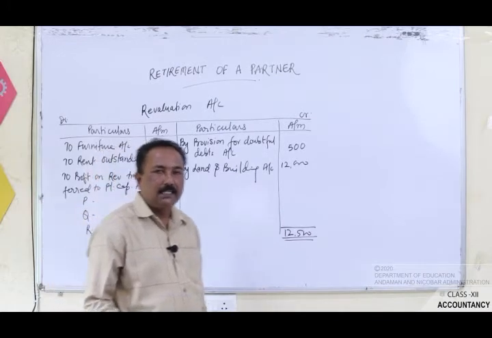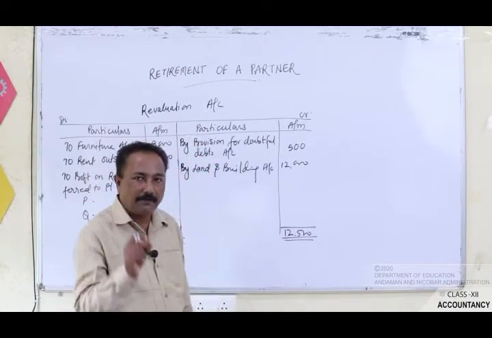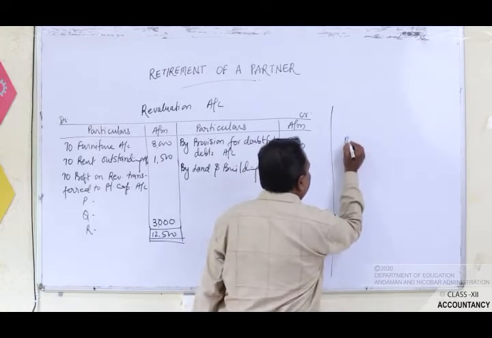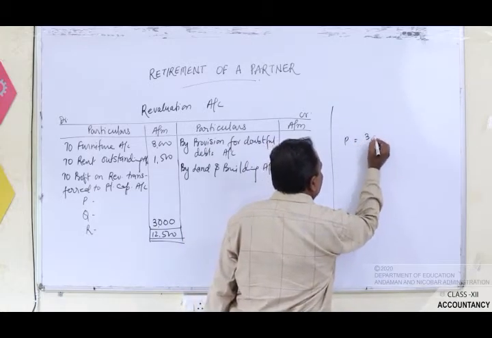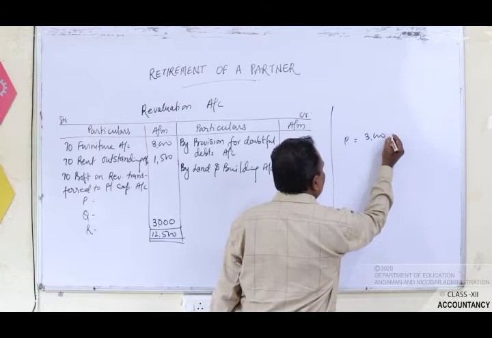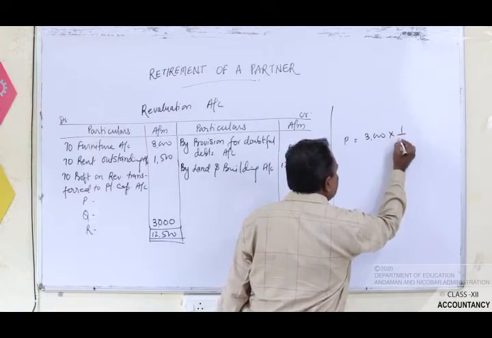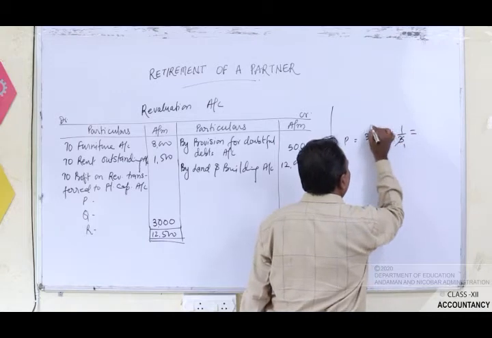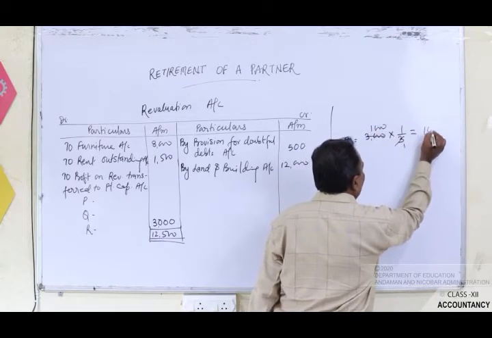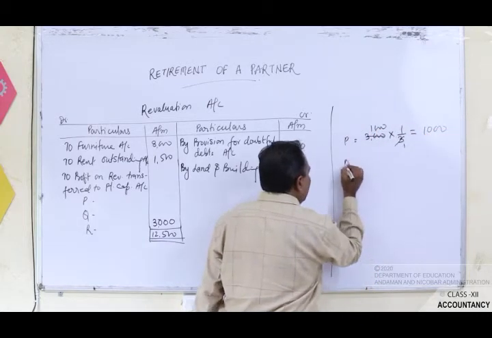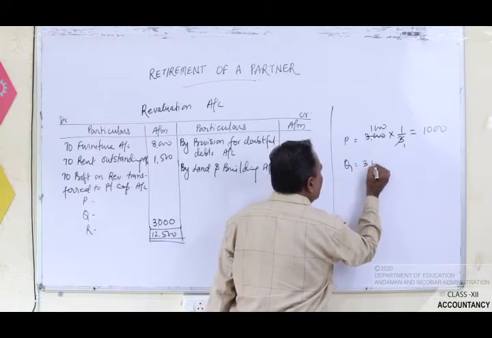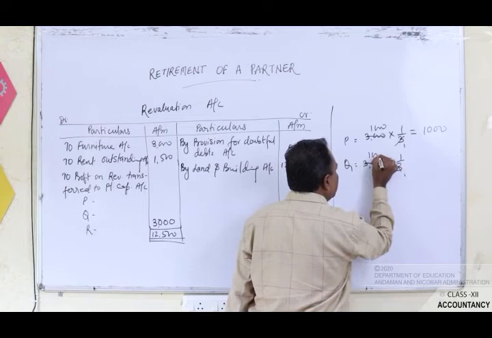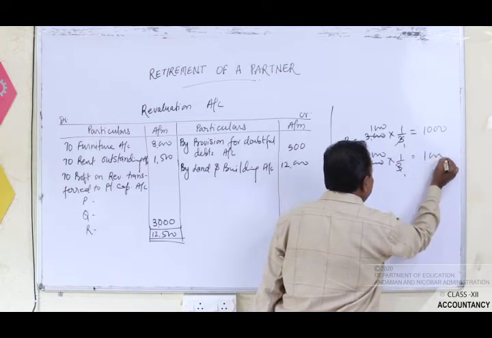Now, let us see how much each partner will get. Now, we will calculate here. For P, he will get, out of rupees 3,000, his share in profit is 1/3. So, he will get rupees 1,000. Similarly, Q will also get rupees 1,000 because their profit sharing ratio is equal.